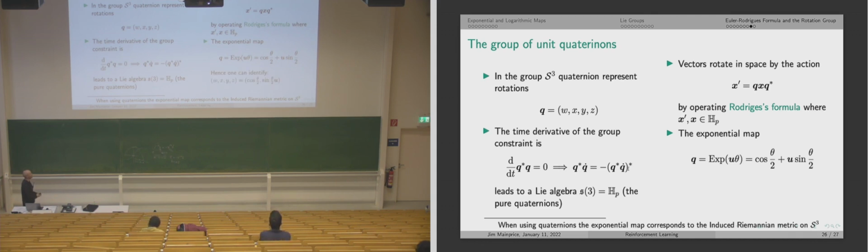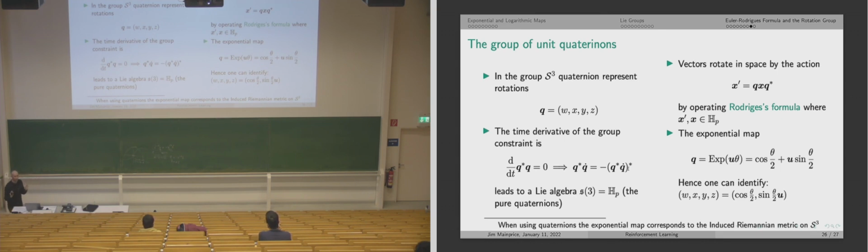And we can actually identify the following: the real part is cosine theta over 2, and the imaginary part, this pure quaternion part, is actually an axis-angle representation, where instead of having the theta multiplying the unit vector, what it does is sine theta over 2.